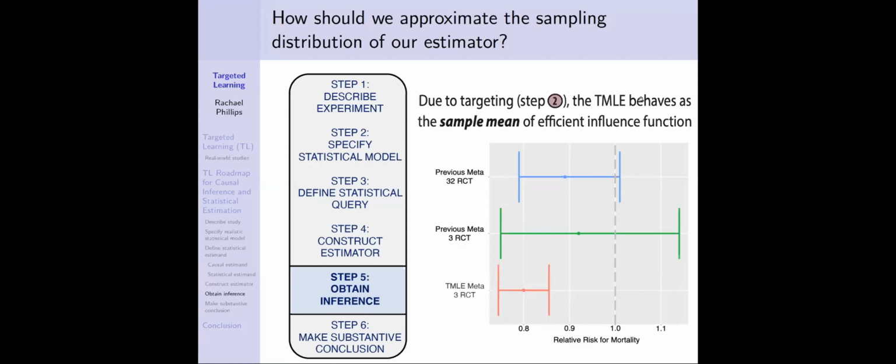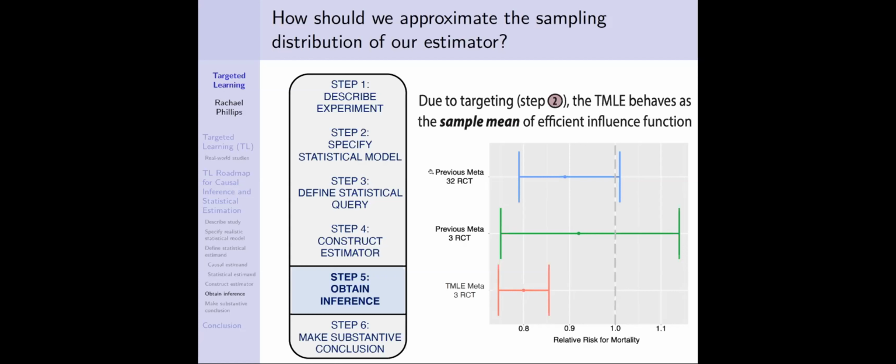And we can do that because we've designed the TMLE in the targeting step to update the machine learning estimate in an efficient way, in particular to solve the efficient influence function. And this allows our estimator to behave as an asymptotically linear estimator for which the sampling distribution can be approximated.